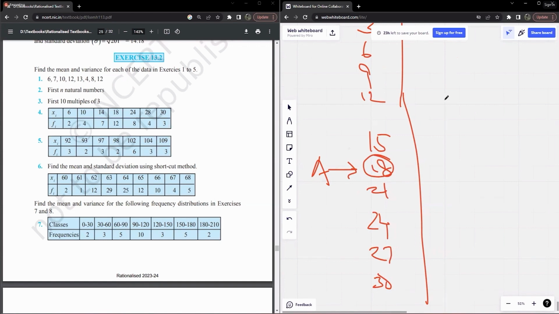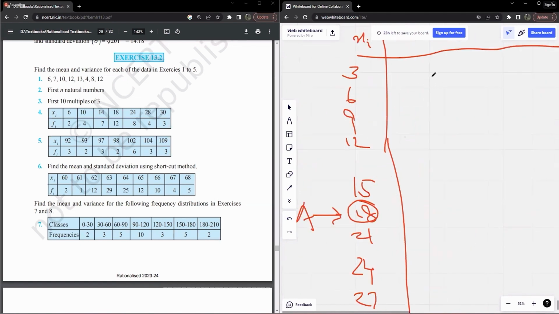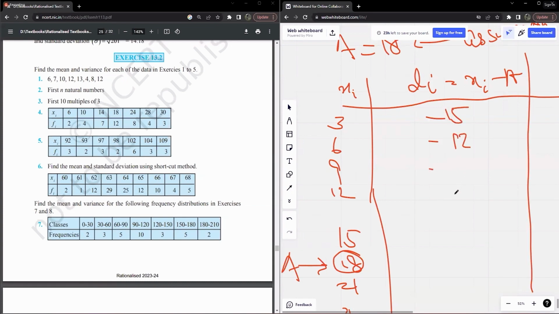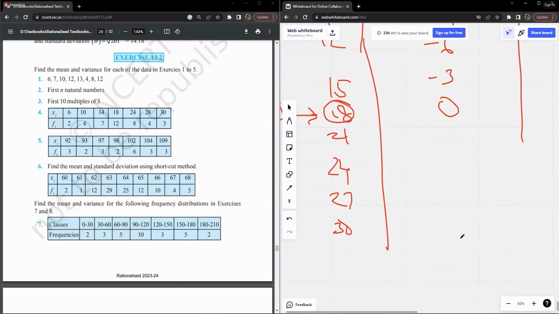So if I have xi over here, then di is going to be xi minus A, which is xi minus the assumed mean. It's going to then be minus 15, minus 12, minus 9, minus 6, minus 3, 0. And then 3, 6, 9, and 12.